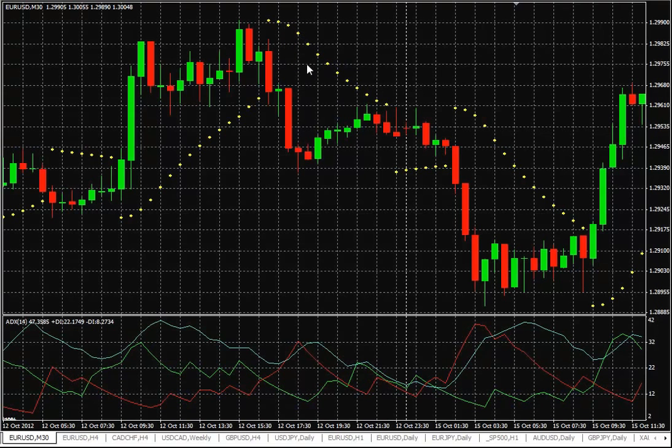So PSAR dots, although they have this huge distance from the price at certain points, they serve as safe stop losses, and you can use them while you trade, especially while you trade on the intraday charts, where the fluctuations of the price can be huge.